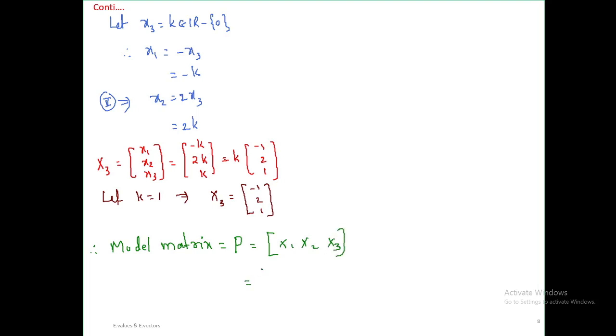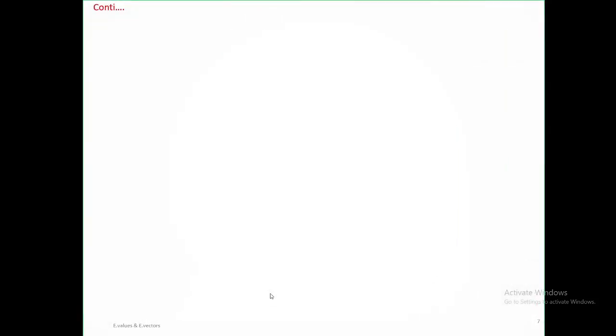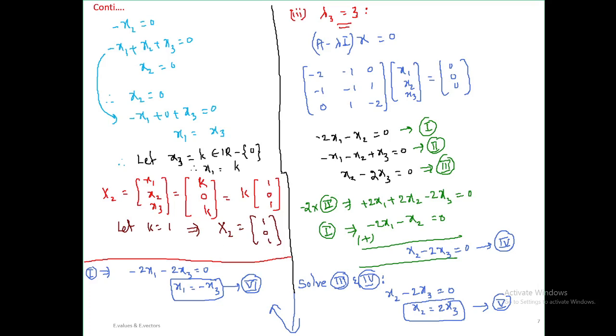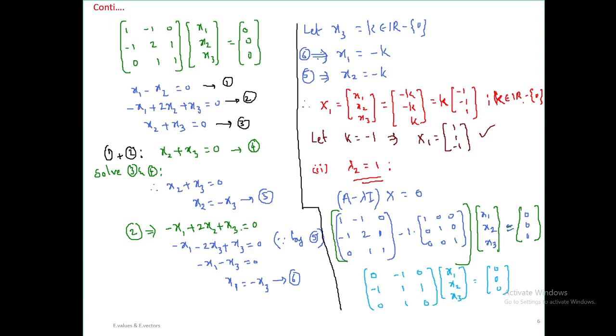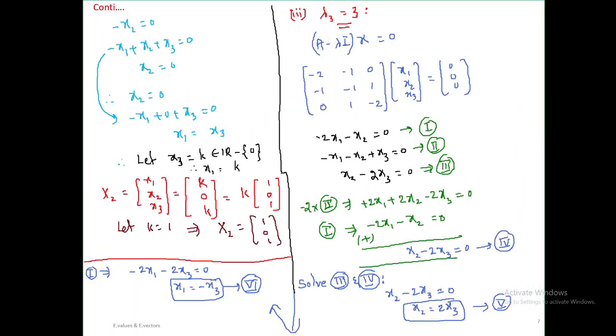Let me write them. The first eigenvector x1 is 1, 1, minus 1.